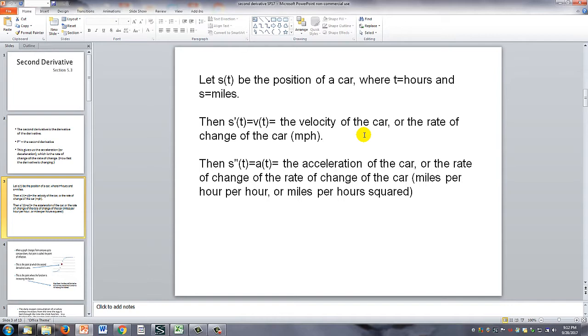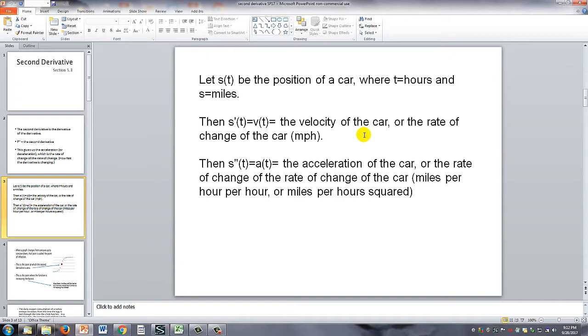The velocity function is miles per hour. If you take the derivative of velocity, the units would be miles per hour per hour, or miles per hour squared. That's the unit for acceleration of something in motion, where distance is displaced.